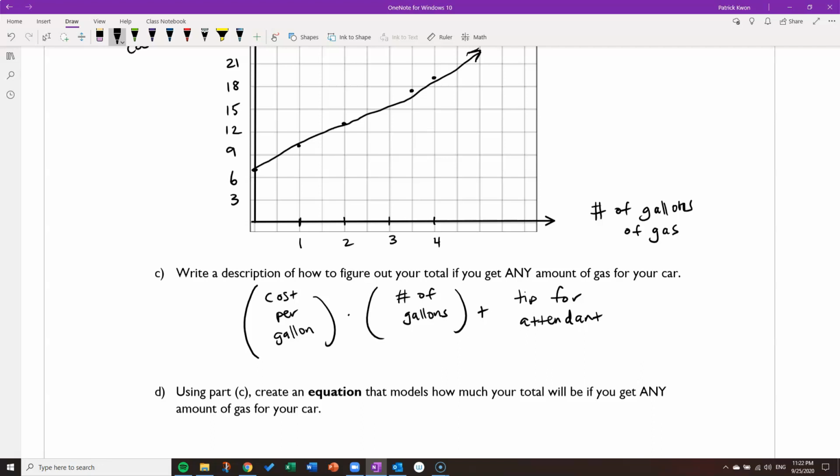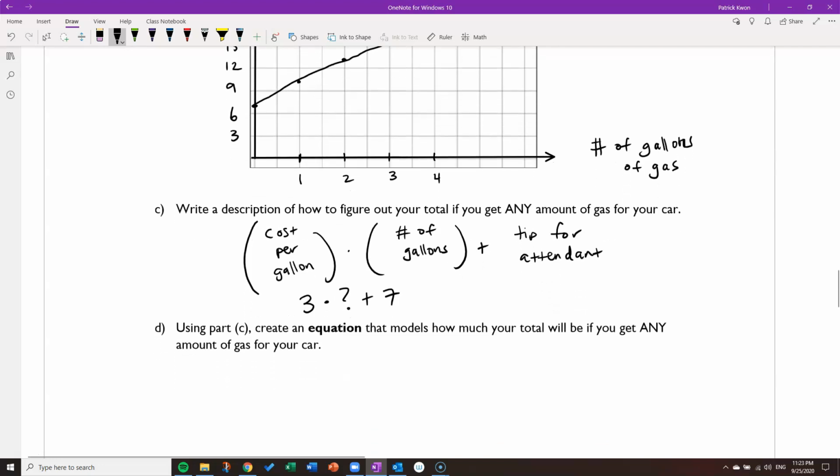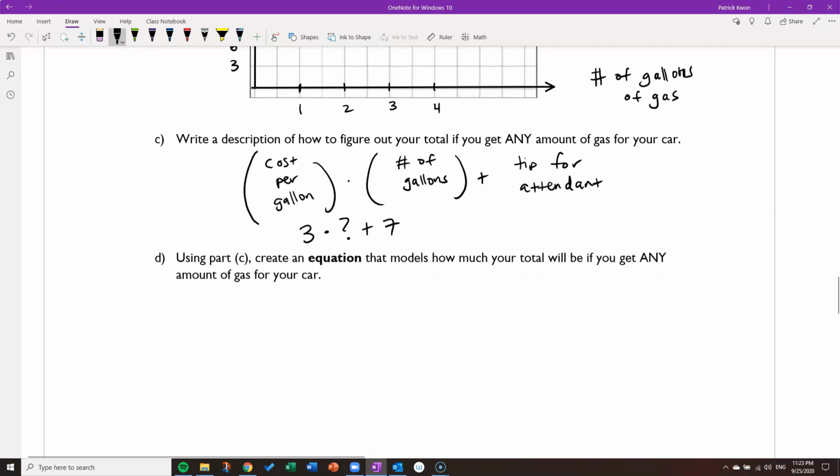So the cost per gallon we know is 3 times whatever number of gallons that we get, and then we know that the tip is $7. So now, just like previously, we're going to go ahead and create an equation. So we'll have y equals 3x plus 7. And again, don't forget, here in this case, y is the total cost, and x will be the number of gallons of gas.